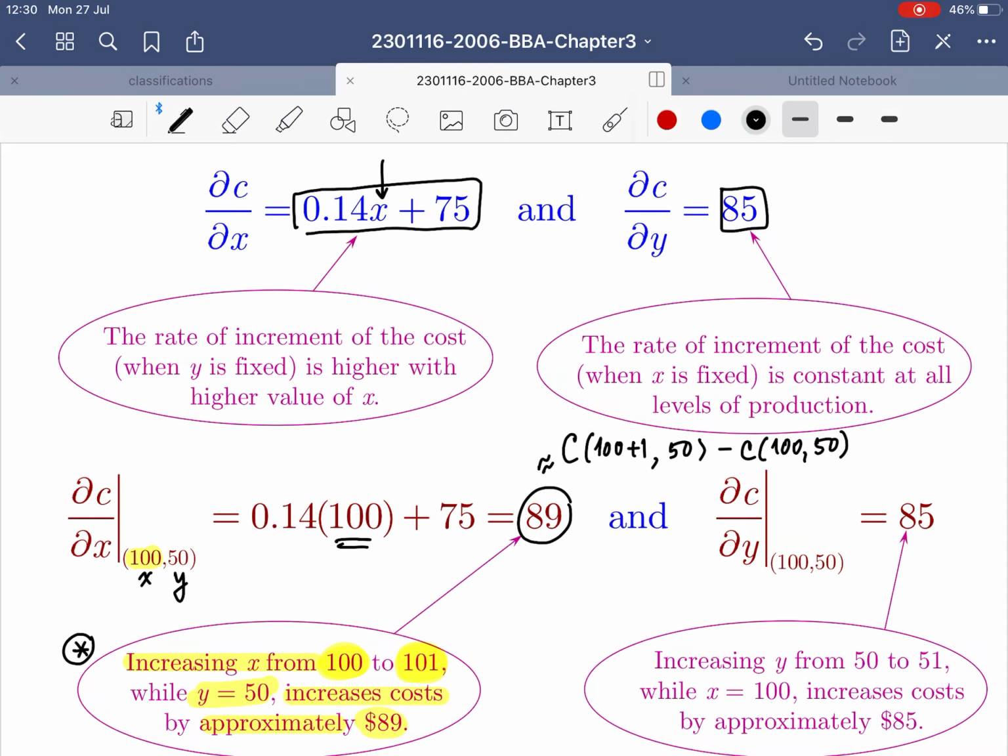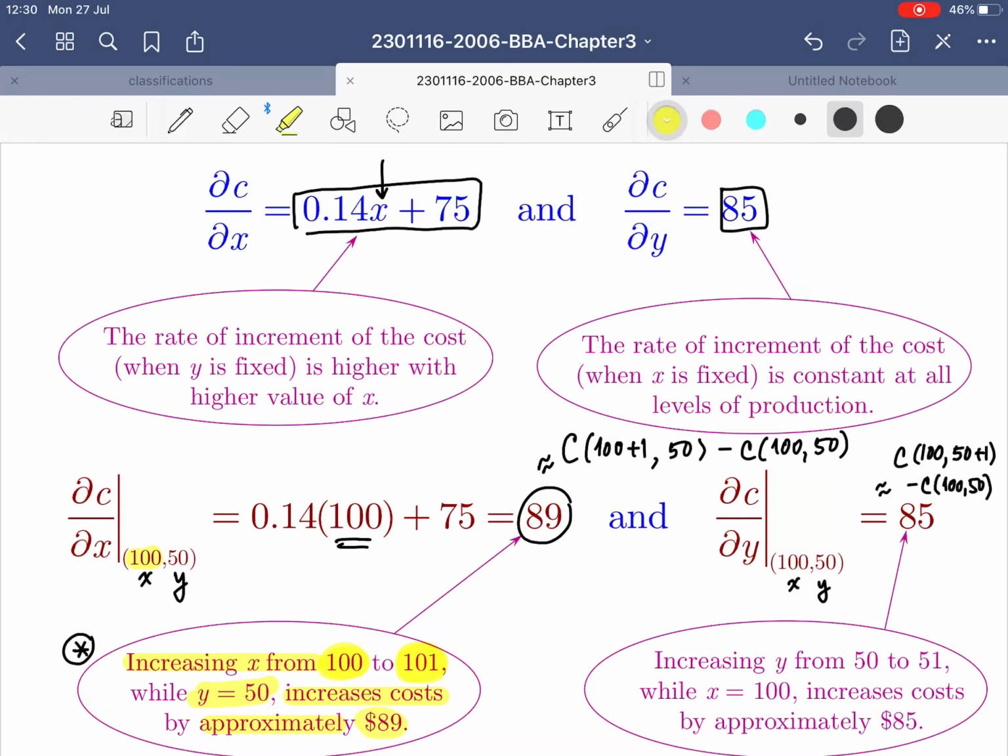However, if you talk about the same level of production, originally your x is 100, your y is 50. This one is a good approximation of what? C of 100 fixed, but your 50 added by 1, and the difference from the original 100 and 50.